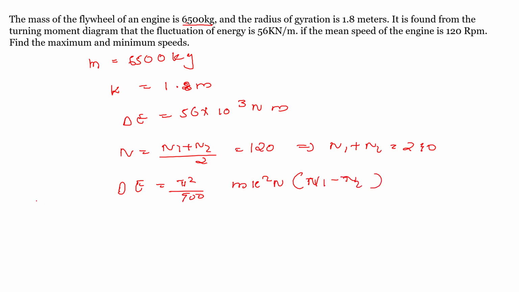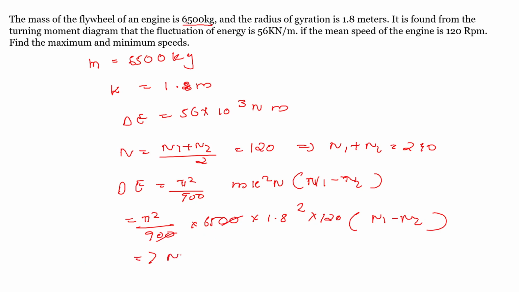Just substitute the values: it will be pi squared divided by 900 times 6,500 times 1.8 squared times 120 times (N1 minus N2). From this you can cancel all these, and you will get N1 minus N2 is equal to 2 rpm, and N1 plus N2 is equal to 240 rpm.